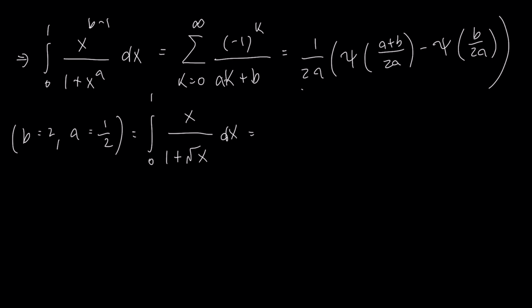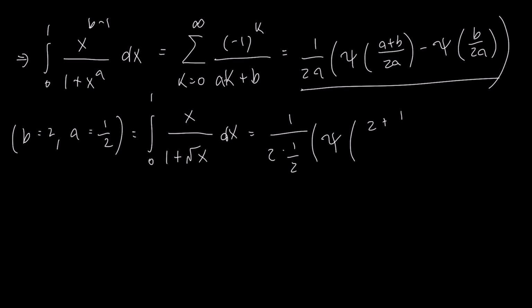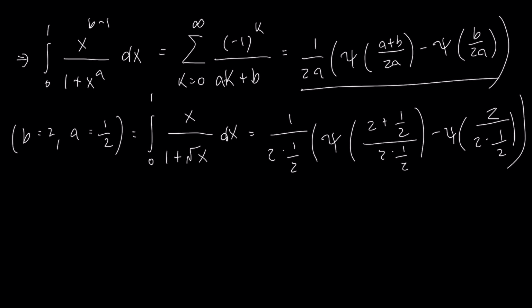And plugging in these values into this expression, we have 1 over 2 times a half, digamma function of (2 plus a half) over (2 times a half), minus digamma of 2 over (2 times a half). But as you end up seeing, these will just end up canceling.